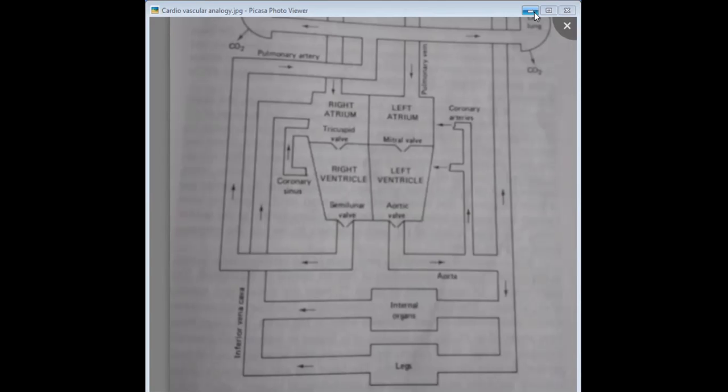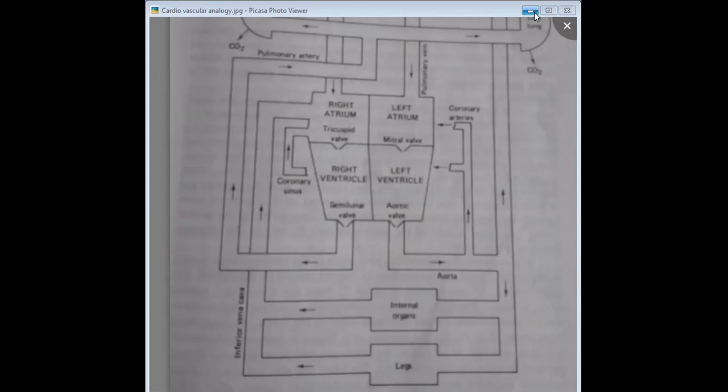Here, out of these four chambers, the left ventricle wall thickness is very high, very strong compared to the others, because only from this left ventricle is the blood supplied to all the parts of the body. That's why the construction of the left ventricle is very thick compared to the other chambers of the heart.